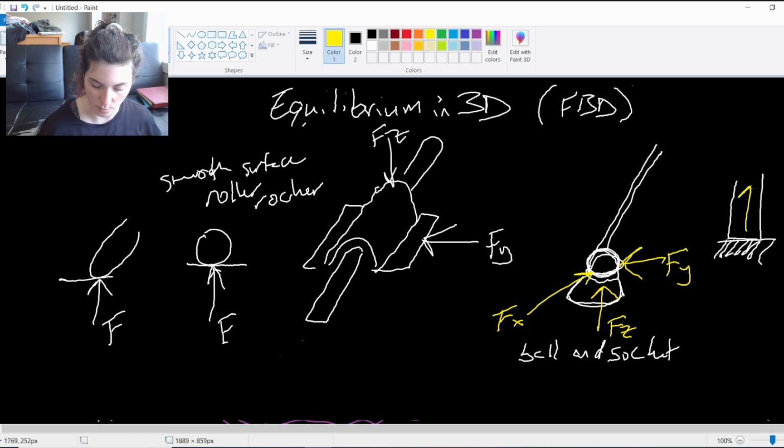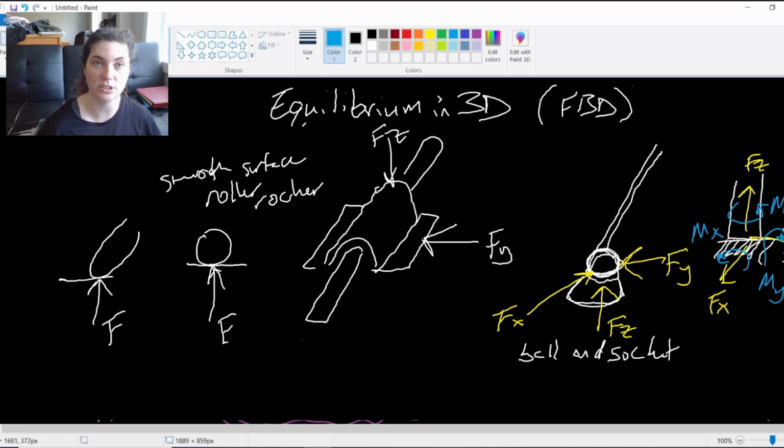So again, it can't move in the Z, Y, or X. It prevents movement in all of these, but also in their moments. Right, so there is a support reaction moment also in the X, Y, and Z directions.